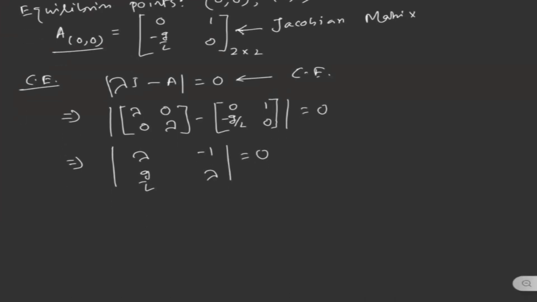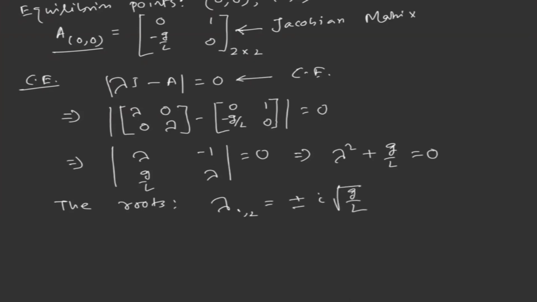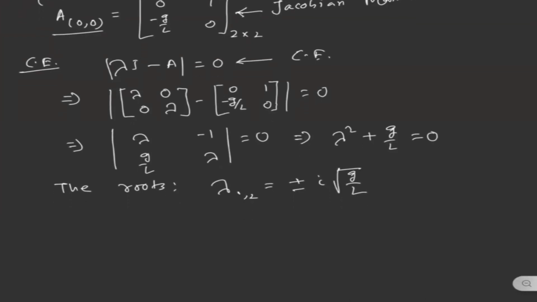If you solve this equation, we'll have lambda square plus g by L equal to 0. And we can find the roots of this characteristic equation: lambda 1, 2, the two roots, are plus minus i, the complex number, times root over g by L.